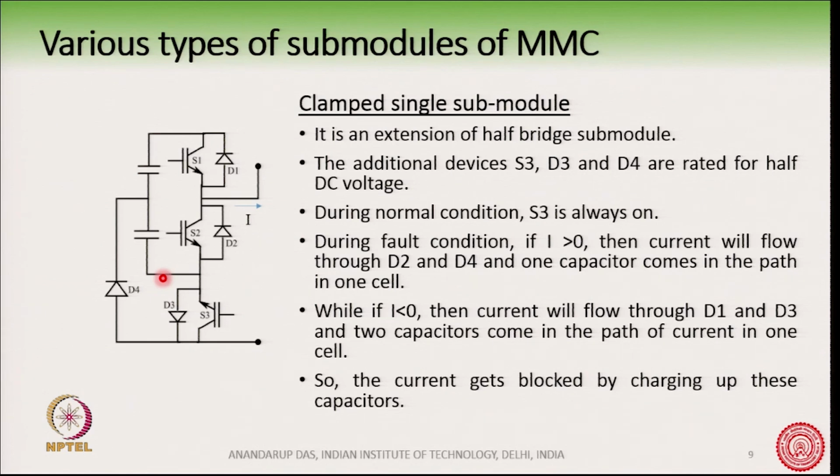If the current I is less than 0, that means this is the current flowing and we have shut off all the IGBTs, then the current will flow like this. It will go like this, go through like this, come like this, go like this and like this here. Okay. Like here through D1, through the whole DC link, through D3 and go like this here if I is less than 0.